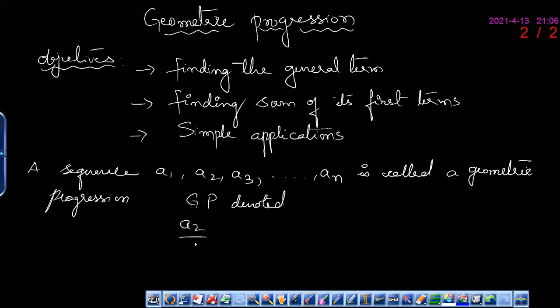A2 divided by A1, the second term by the first term, the third term by the second term, the fourth term by the third term, and so on, up to the nth term An divided by the previous term, An minus 1. This is nothing but a constant.